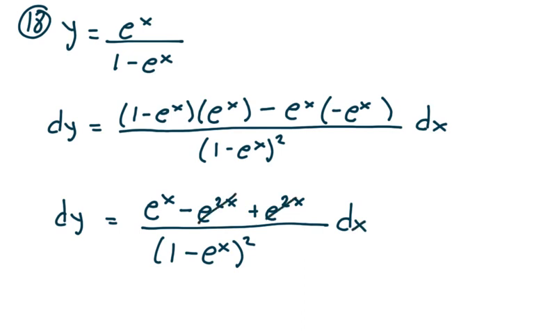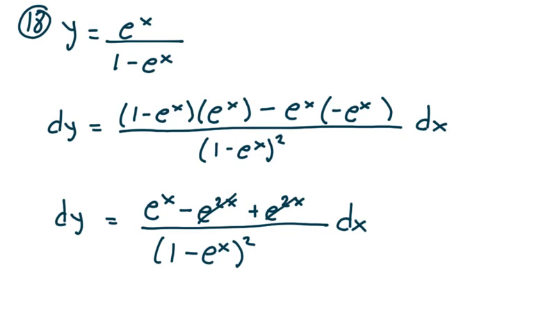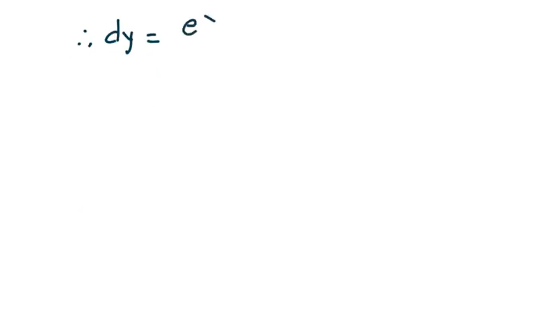The e to the 2x's cancel, and therefore dy is e to the x over 1 minus e to the x squared dx, and that'll conclude this video for section 3.10, and we worked problems 11 through 18.